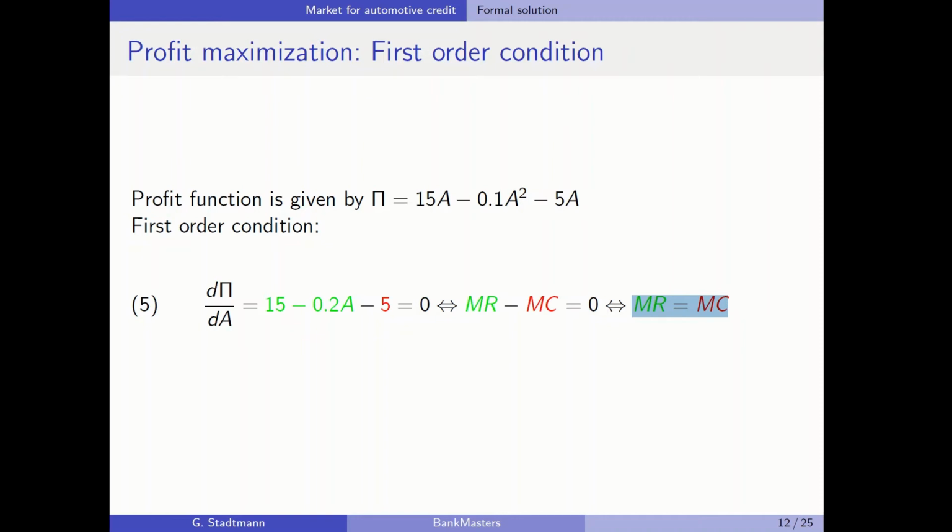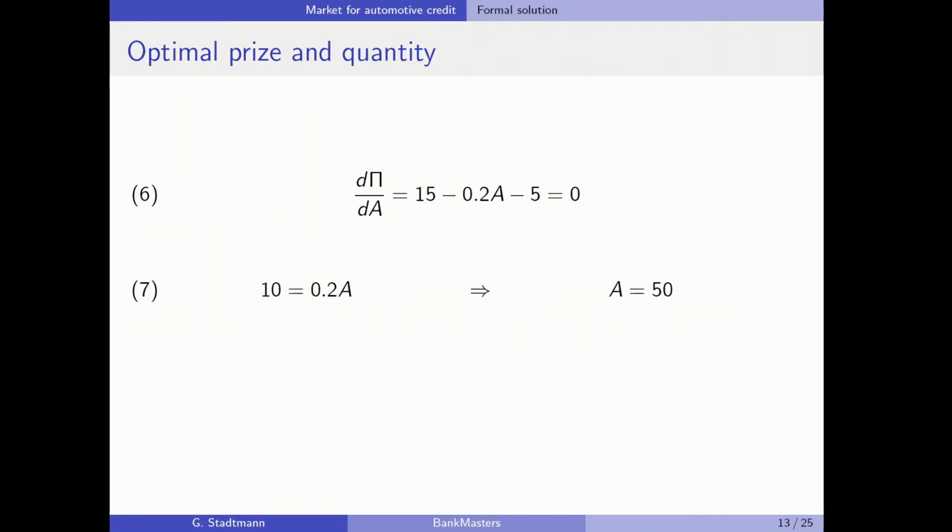In the next step, we can compute the optimal price and the optimal quantity. In the first step, we determine the optimal quantity. So we combine the 15 and the minus 5, we get a 10 on the left-hand side. Then when we put this minus 0.2A on the other hand side of the equation, we get 0.2A on the right-hand side.